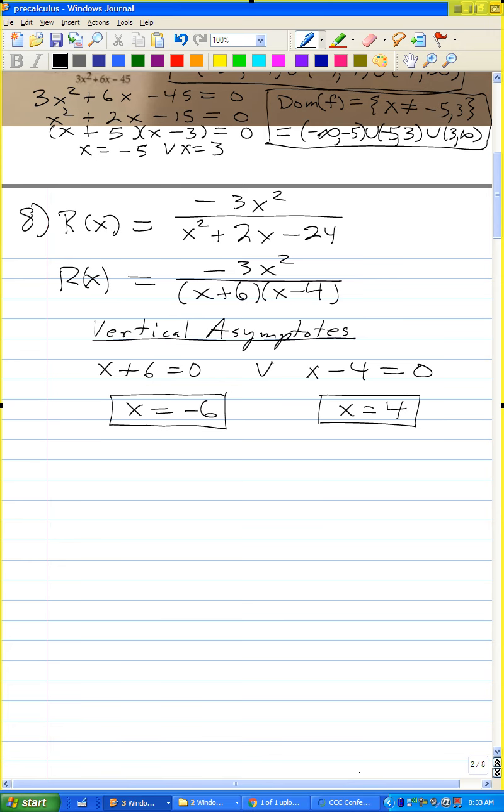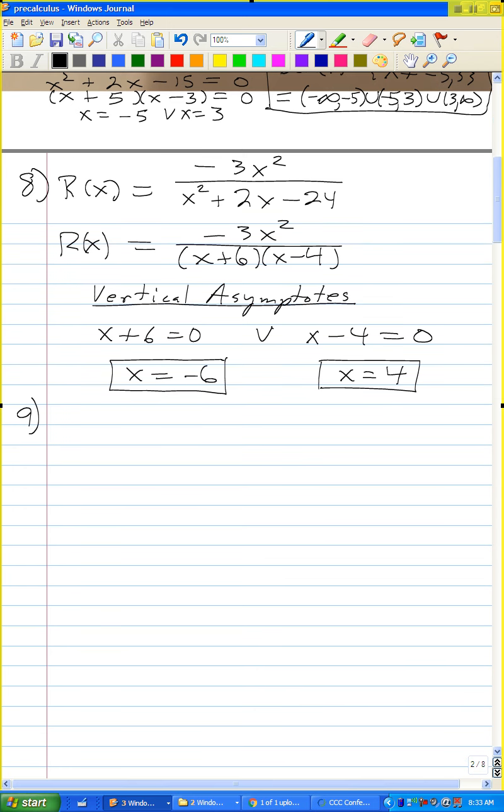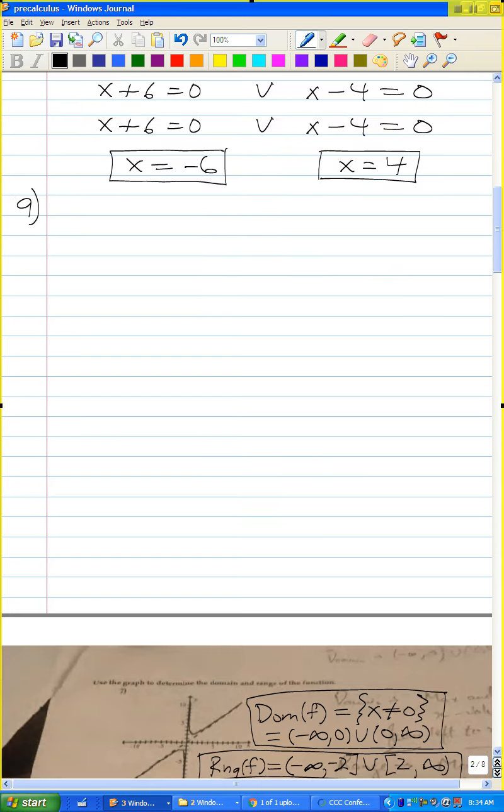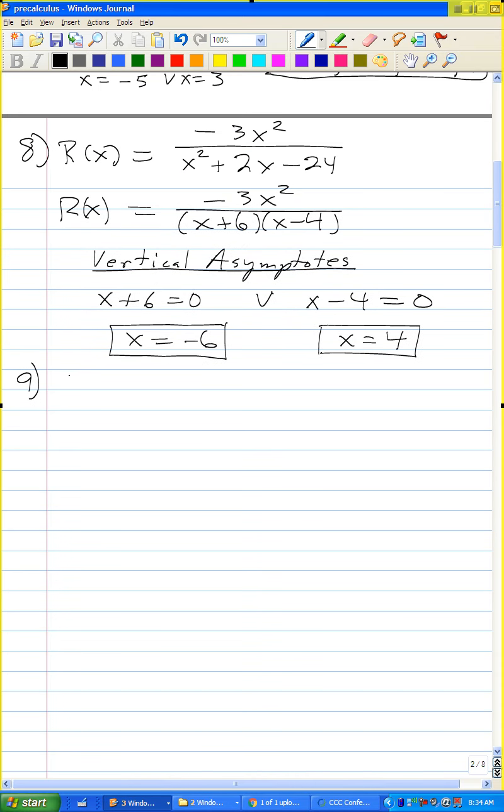Let me do problem number 9. Okay. Same thing. So x minus 7 over 49x minus x cubed.